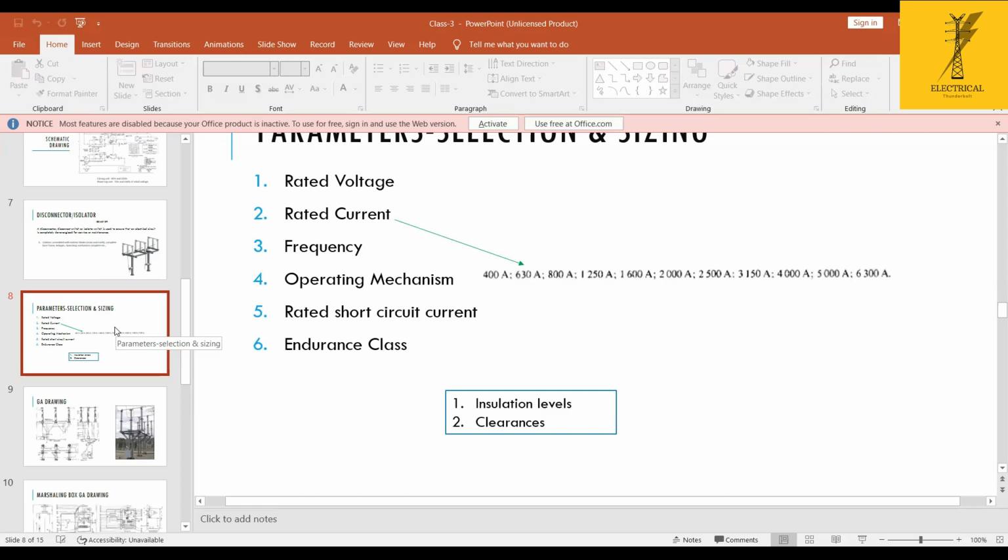The rest of all the parameters are obviously the same for all the manufacturers across the globe, across all the varieties of isolator, irrespective of voltage level, current rating, or type.